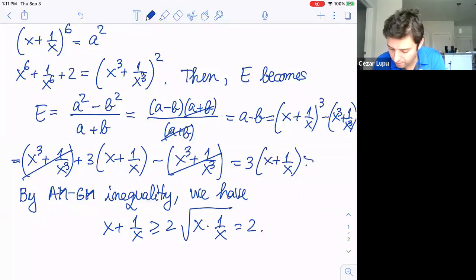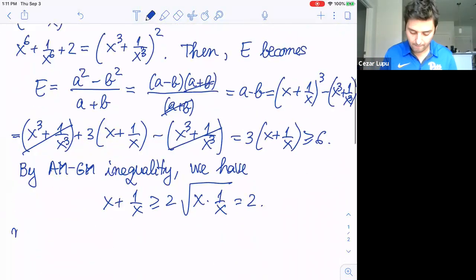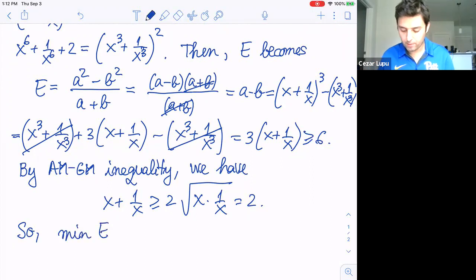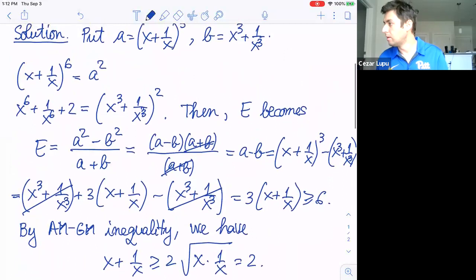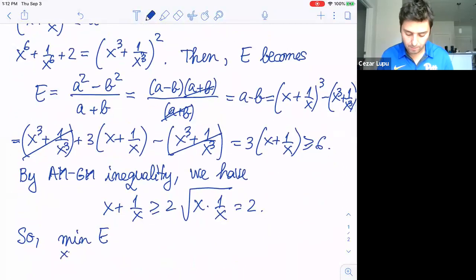So this here will be greater or equal than 6. So the minimum value of E, for x positive, is 6.